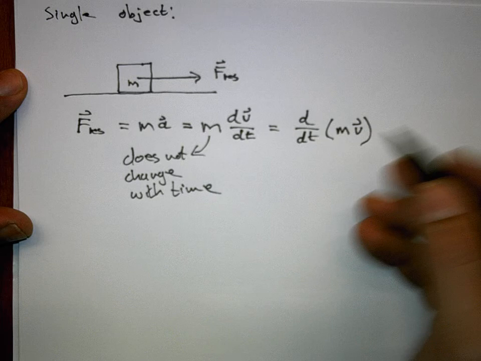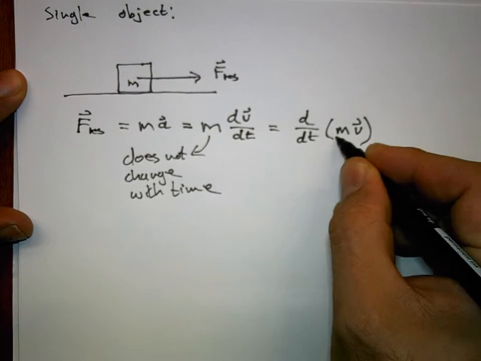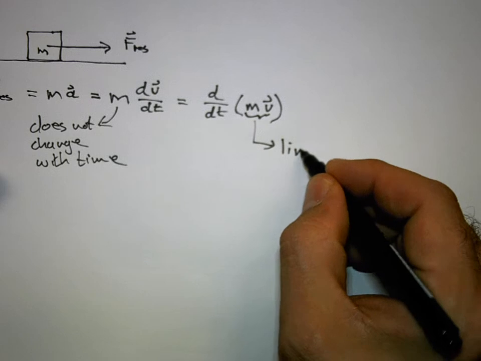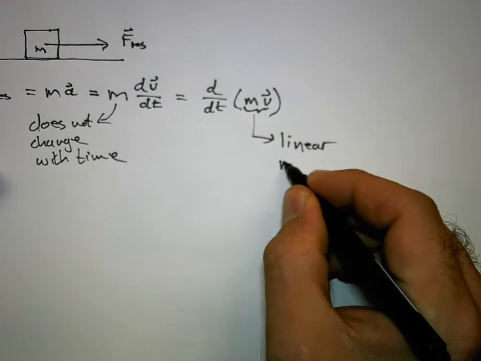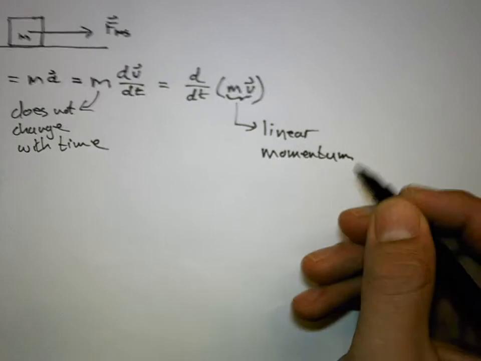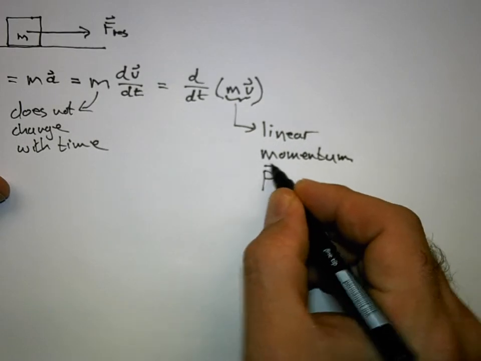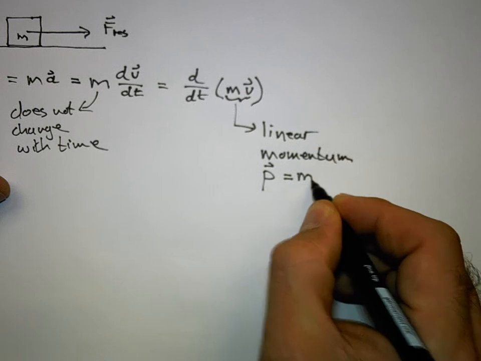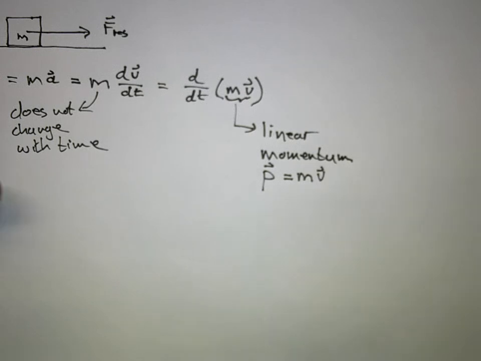And this quantity here, in brackets, we call the linear momentum. So the linear momentum, which we will denote by a vector p, is equal to the mass of the object times its velocity. Right, so it's just, for now, a quantity that we've introduced.